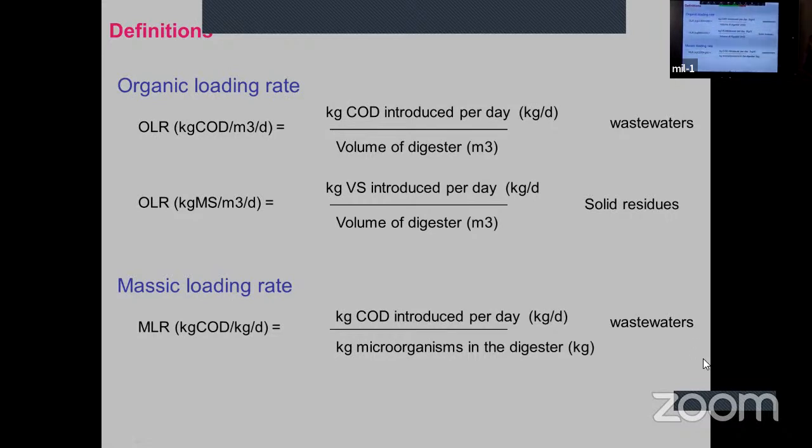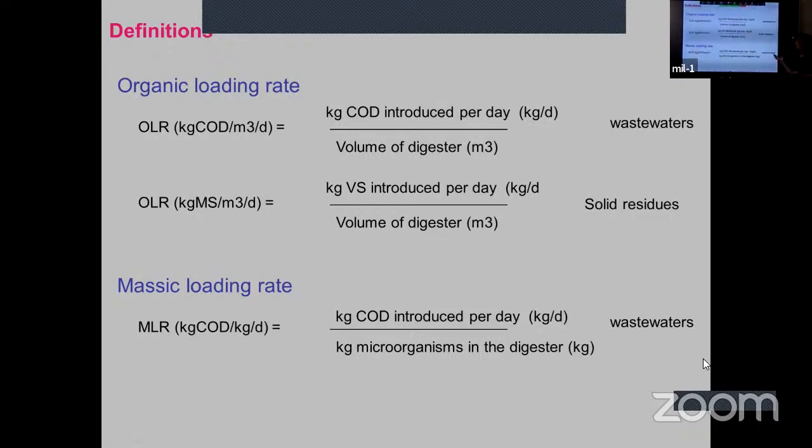This is in the case of wastewater. And for solid residue, it will be the amount of volatile solids, which is equivalent to organic material, introduced per day, divided by the volume of the digester.